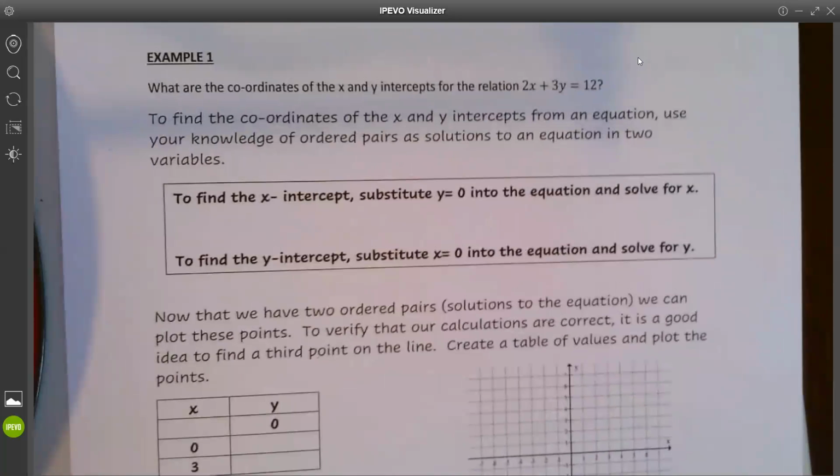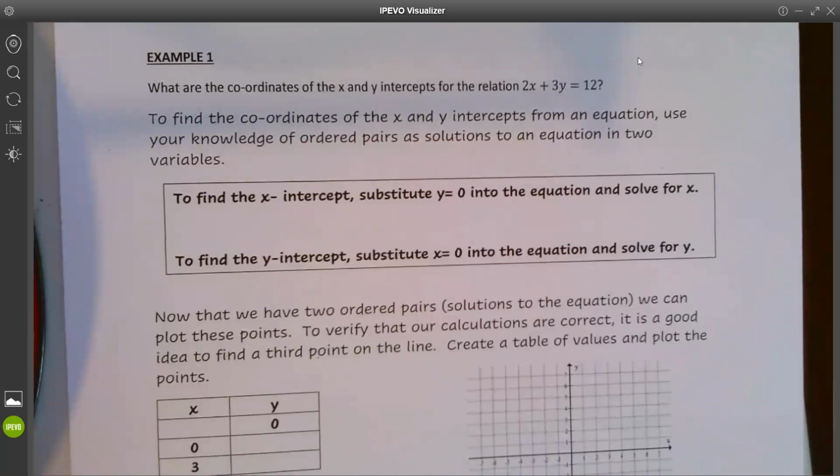So we are going to use the concepts that we just saw on the previous page. At the x-intercept, something's special between all those points. The y value was equal to 0.